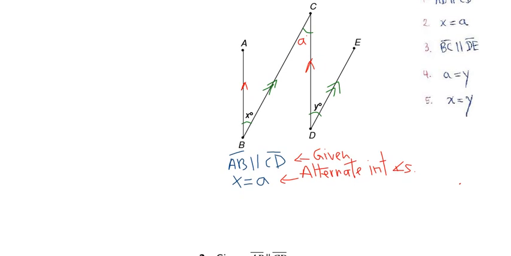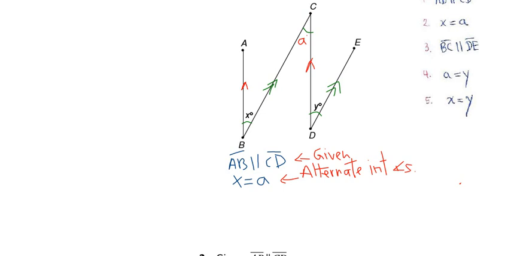But now we're going to write here. So what we say here is that because BC is parallel to DE, then these alternating angles A and Y are equal.